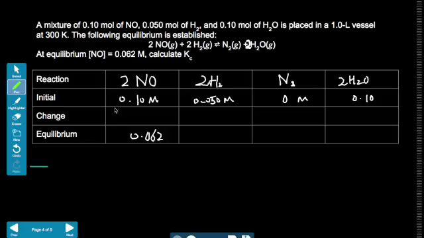What happens during the process of reaching equilibrium? The concentration of NO decreases by 2x because of its coefficient. And the same thing happens to H2. And as the reactants become products, the concentration of the products will increase.